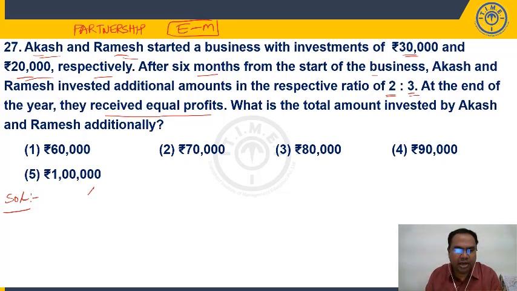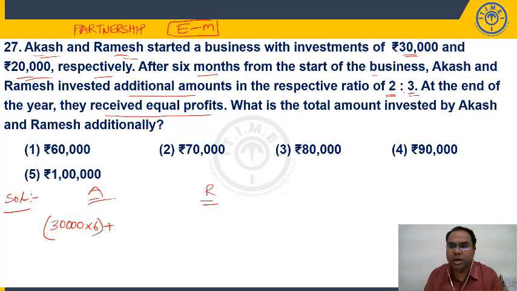Now, if you see here, Akash, Ramesh. Akash has invested 30,000 for the first 6 months. After that, he has invested an additional amount in the ratio of 2:3. We don't know this, so we'll take it as 2K, 3K. Akash invested 2K, so total investment will be 30,000 plus 2K for another 6 months.